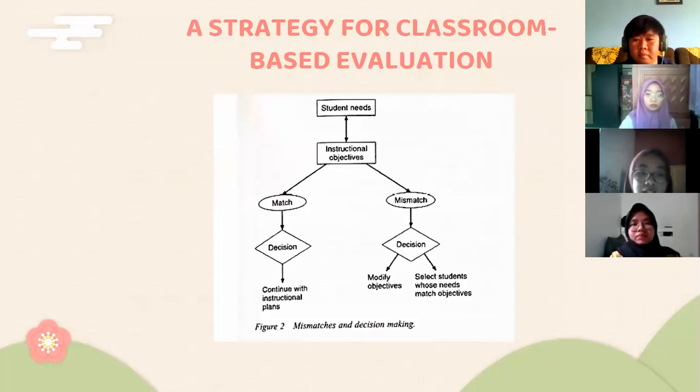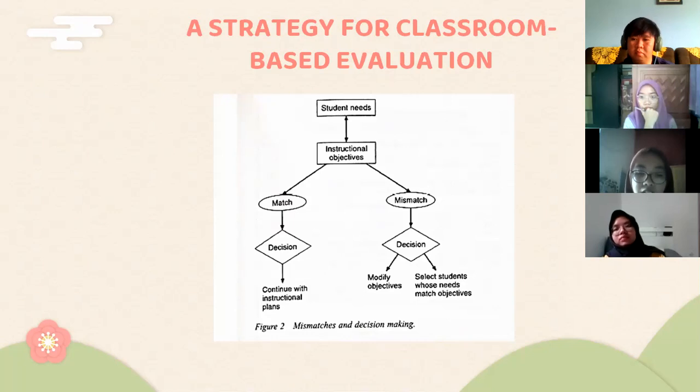Okay, the next one is about a strategy for classroom-based evaluation. From the previous section, we can say that evaluation involves comparison. More specifically, decisions that result from classroom-based evaluation are arrived at by making comparisons between the various components of the instruction and also the input factors.